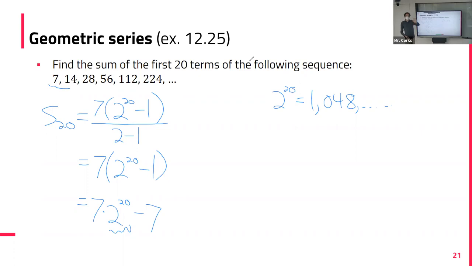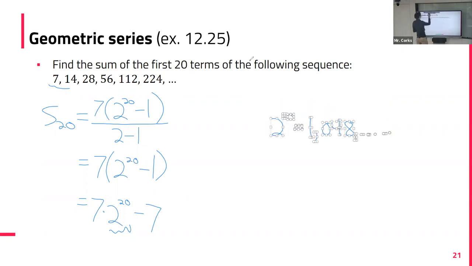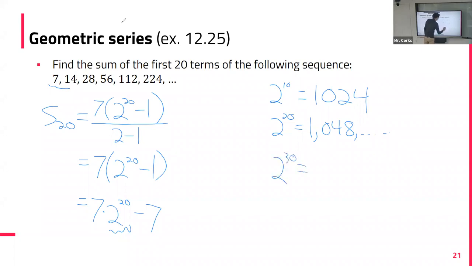If you want a little shortcut to help you remember these, 2 to the exponent 10 we said is 1,024. And 2 to the exponent 30 is basically 1 billion and some stuff.